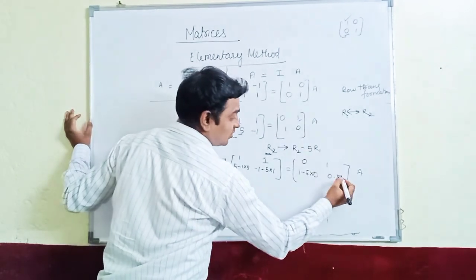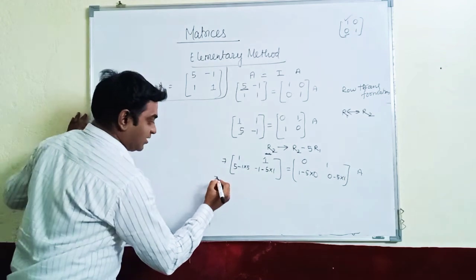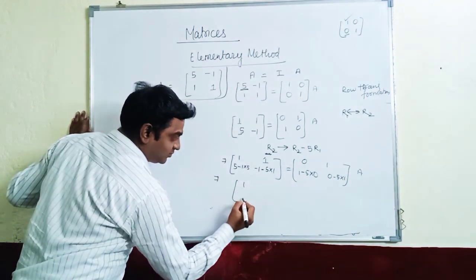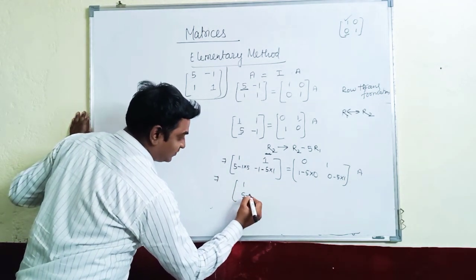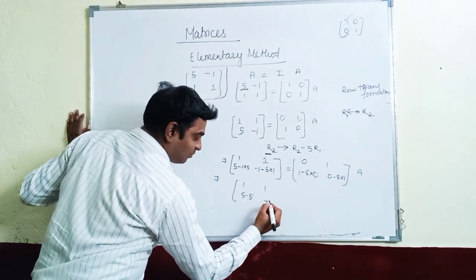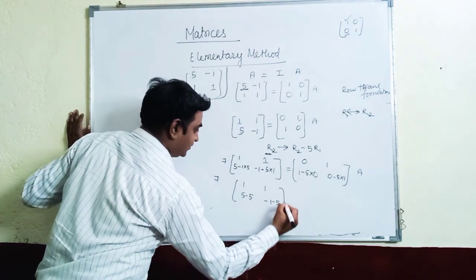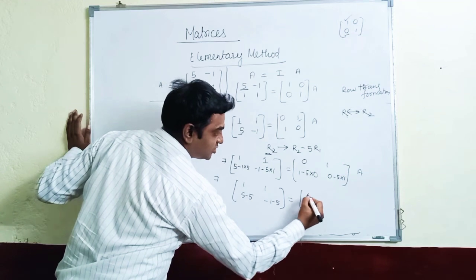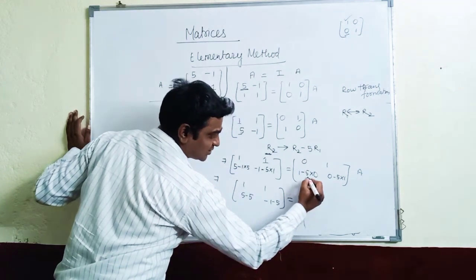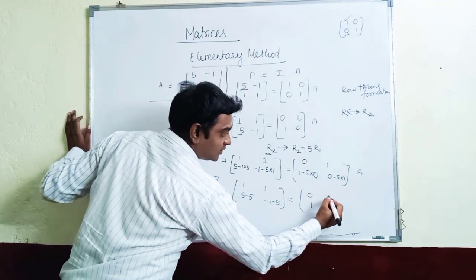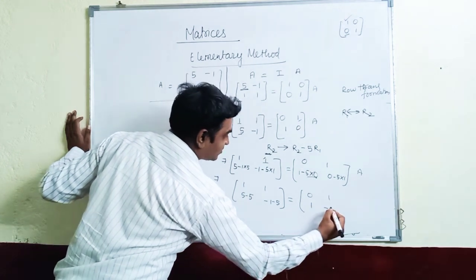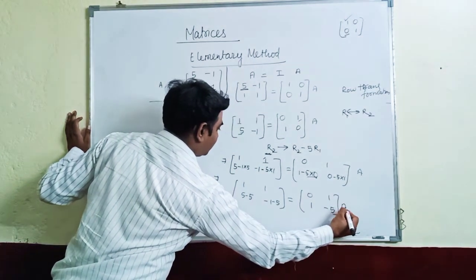R1 value is here 1. So it will become 1, 5 minus 5, 1, minus 1 minus 5, this is 0, 1 minus 0, 1, this one is 1 and this becomes minus 5 here.